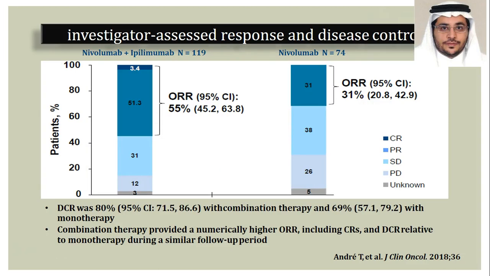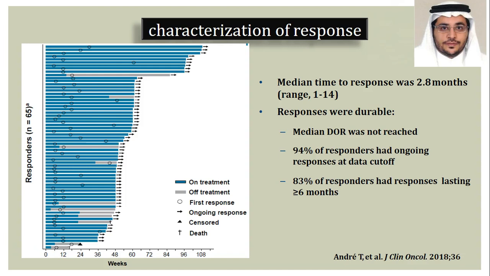If you look at the overall response rate, it is 55%. If you compare it to the nivolumab arm before, it was only 31%. So the combination therapy adds more. However, in terms of toxicity, we're going to discuss this later on. Again, the duration of response is not reached in the analysis of this trial.